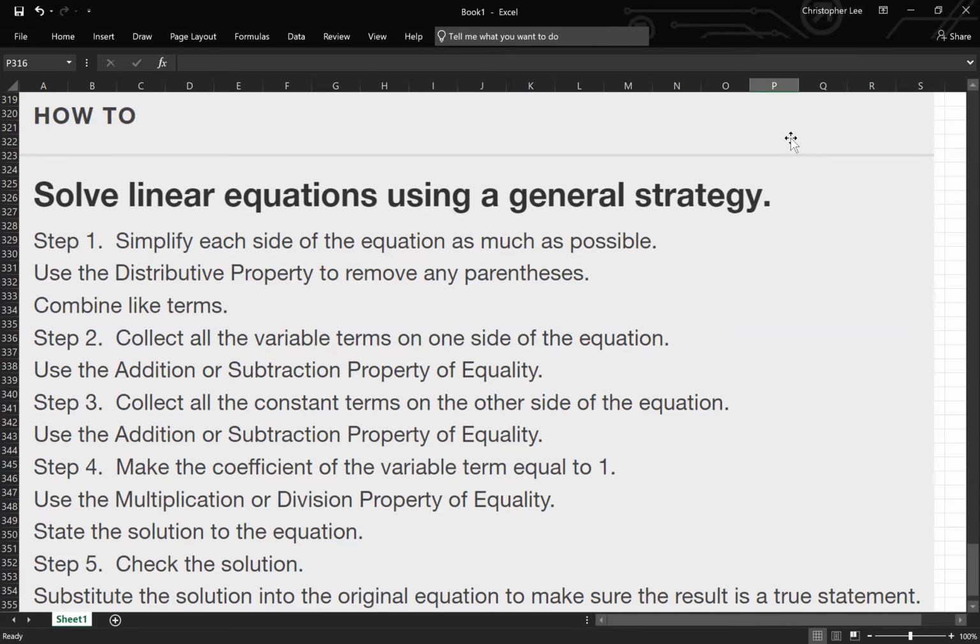All right, if there's no more questions, we'll give you guys 2 minutes to try one using the rules.